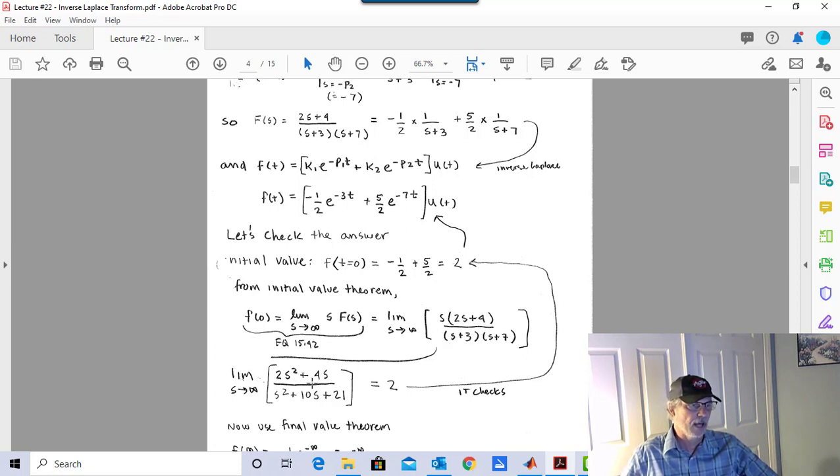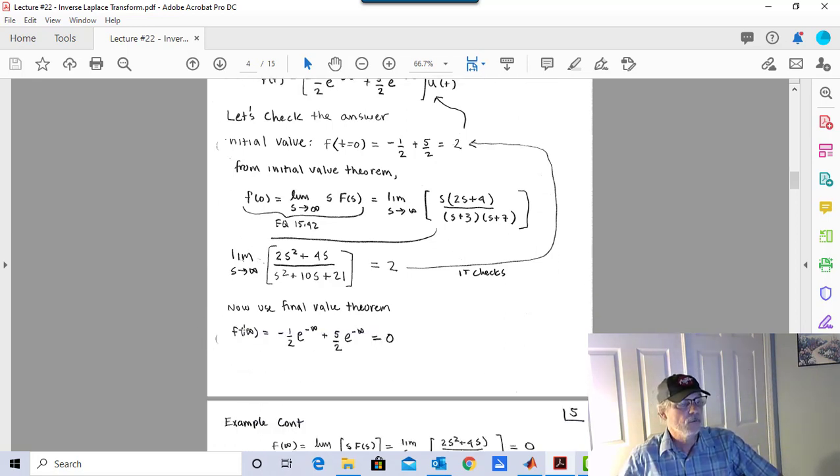I'll multiply this out and I get s squared plus 10s plus 21. And I'm just going to worry about the highest degree s's. And I end up with 2s squared divided by s squared. That's 2 times infinity squared divided by the same infinity squared. Don't tell the math department that. That gives you 2. So take a look, it checks.